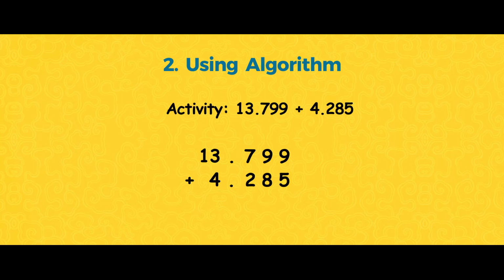Now again, here you might have noticed that in the first addend, under the 1 there is a blank place. There you can add 0, or even if you leave it, it doesn't matter. So now this is the arrangement. So let's add. 9 plus 5 gives you 14.